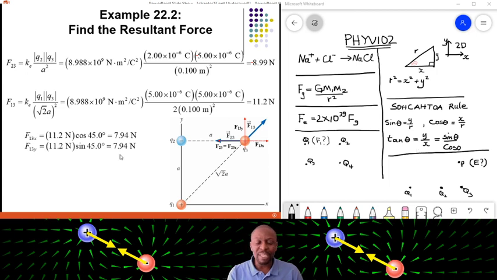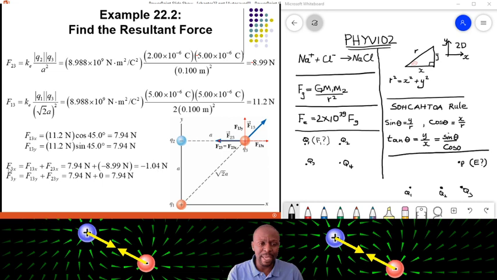Now you just have to add the x components, as well as the y components, in order to get the resultant force. If you add the x components of that force, it is the x component of F13 and then F23, because F23 is only in the x direction. So that is what you are going to have.